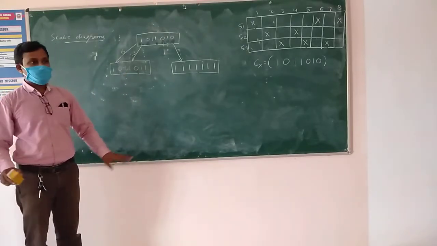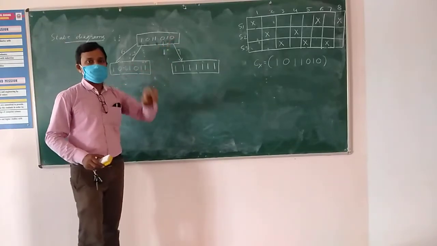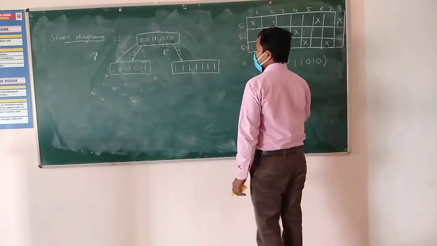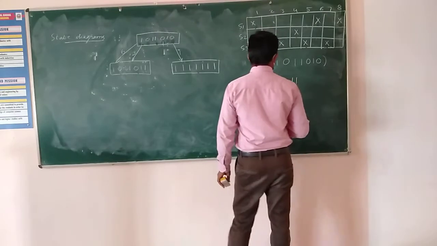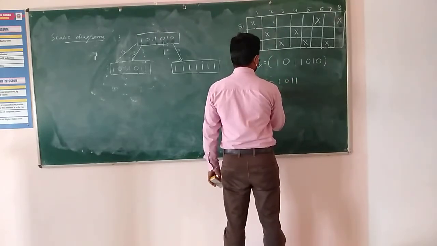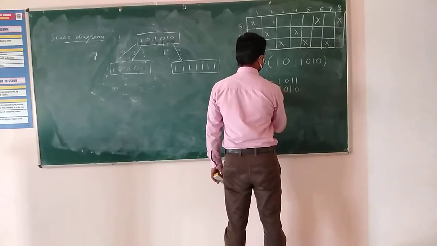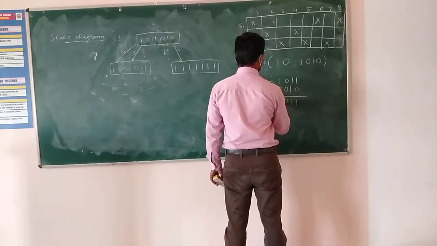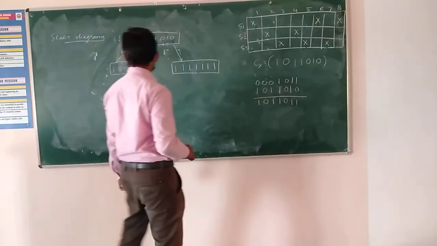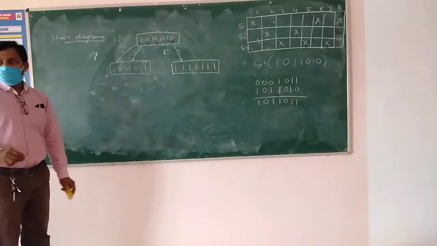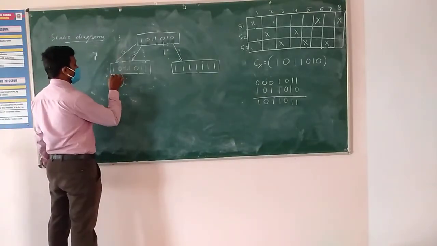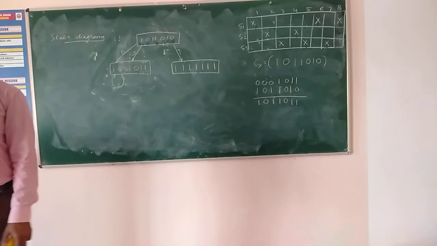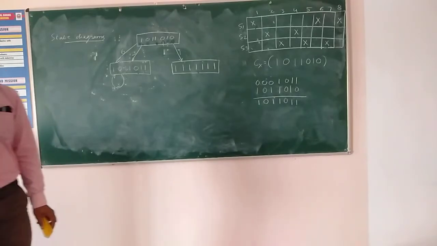Once again, the initial collision vector. Right shift by 3 bit positions, bitwise OR with the initial collision vector. What do you get? 101101. Right? So it goes from here to here. Cycle.